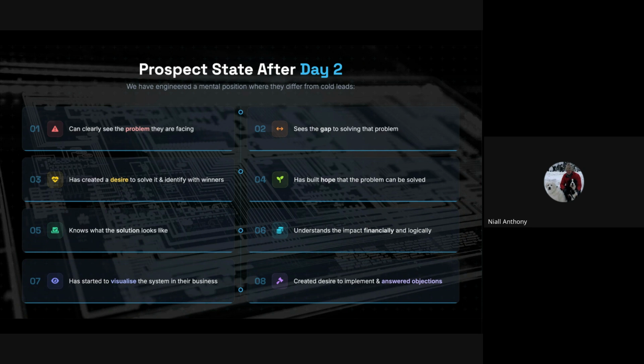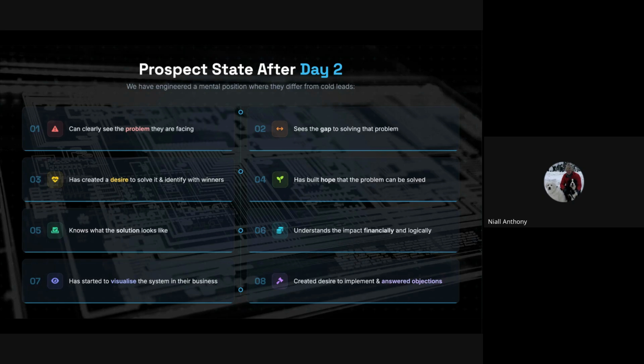So they can see the problem that they're facing. They can see the gap to solving that problem. It has created a desire to solve the problem and identify with the most successful people. So I've created this desire for the outcome that is achieved by solving the problem. And then I've got them to think and want to become the most successful people, that type of person.